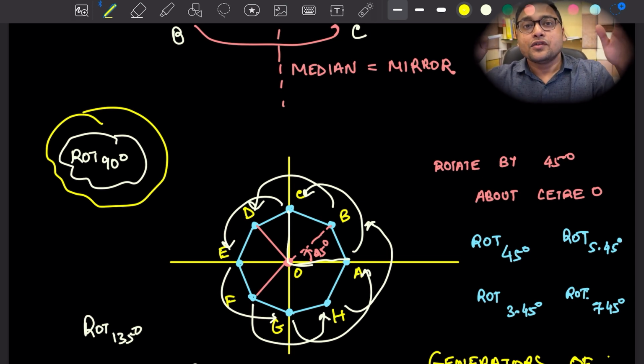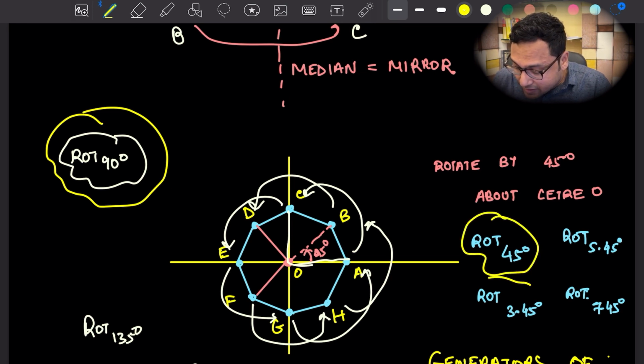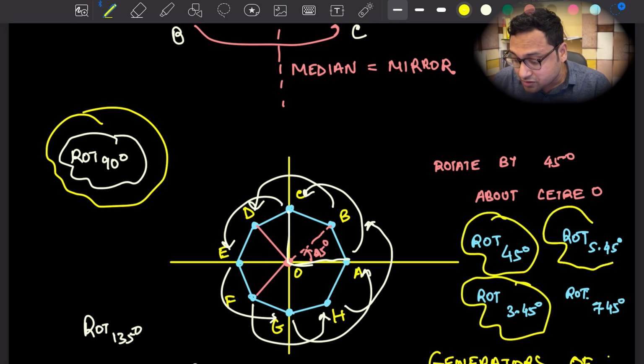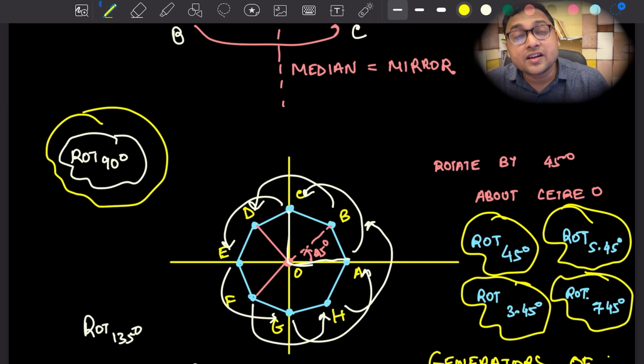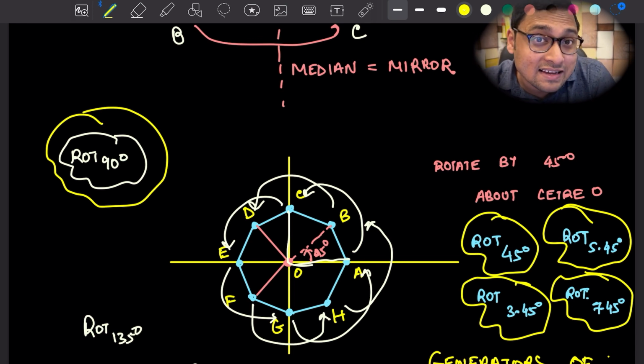So rotation by 45 degrees, rotation by 135 degrees, rotation by 5 times 45 degrees, that is 225 degrees, and rotation by 315 degrees. All of these are very special rotational symmetries. They are simply the generators of all rotational symmetries of the octagon.